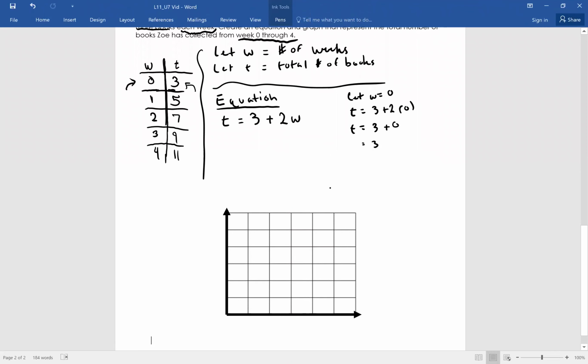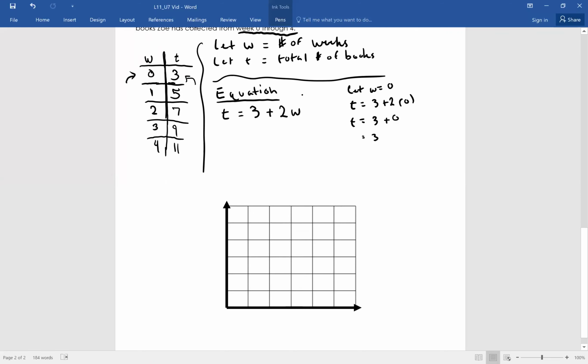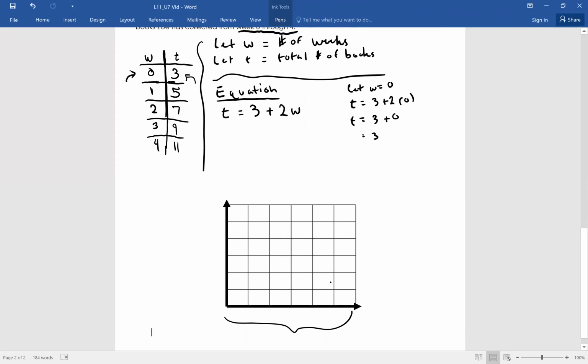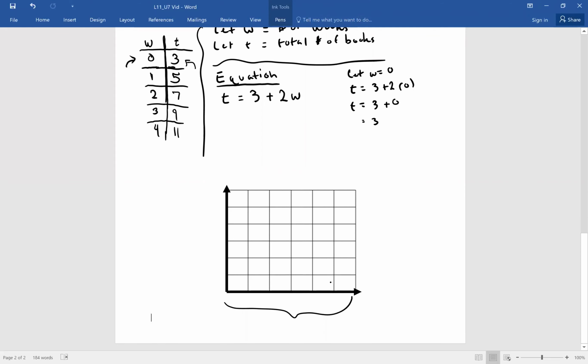Now, if you remember our key point, key point says that our independent variable goes on the x-axis and our dependent variable goes on the y. We determined that our W is the independent variable, so let me go ahead and label that axis. We're going to label it the number of weeks.